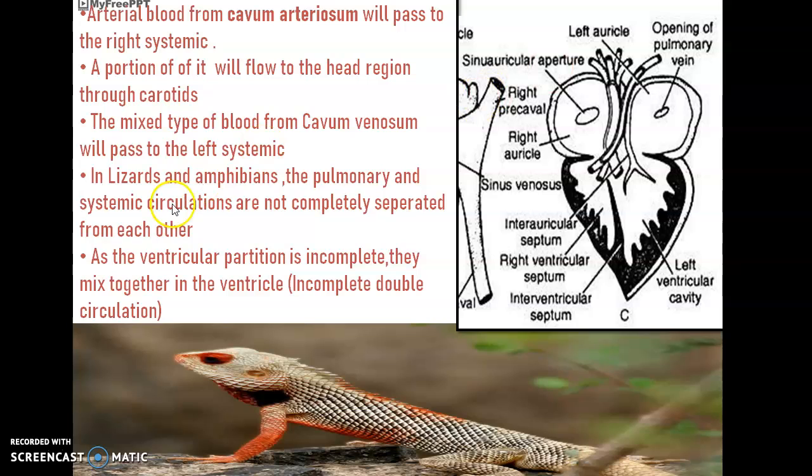So this is called systemic circulation. From the left ventricle, the oxygenated blood enters into different parts of the body through the systemic arch. So the pulmonary as well as the systemic circulation constitute the double circulation. As the ventricle is incompletely divided, we can say that this is called an incomplete double circulation.